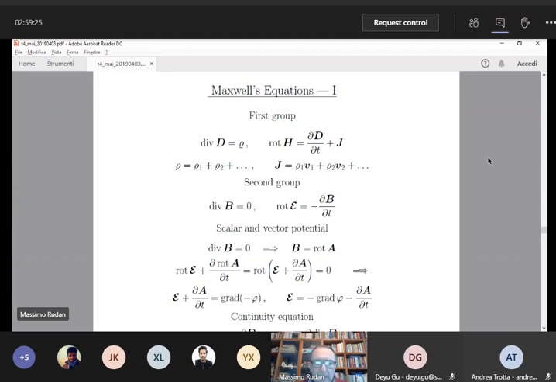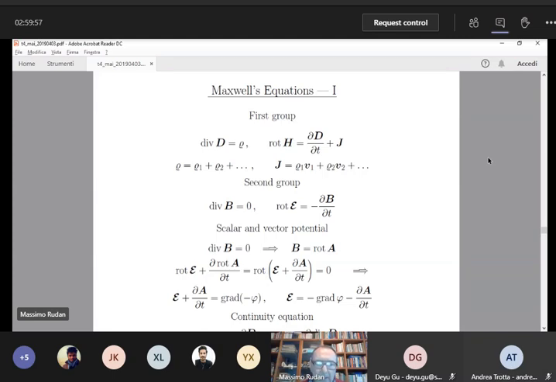As you remember, the Maxwell equations are divided into two groups. One group connects the field with the sources of the field. So the two equations of the first group are the divergence of the displacement vector D is equal to the charge density rho.